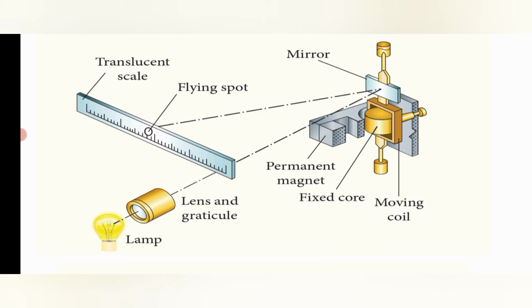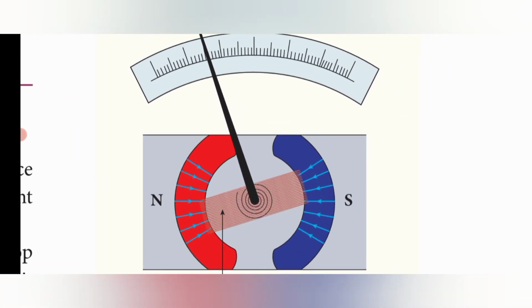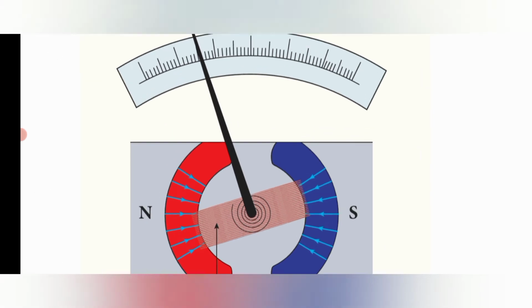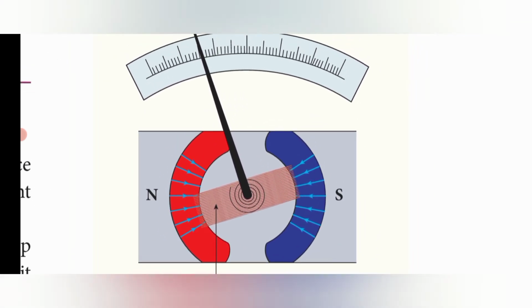That is the front view of the moving coil galvanometer. See this picture. Here we have to study the working of this.